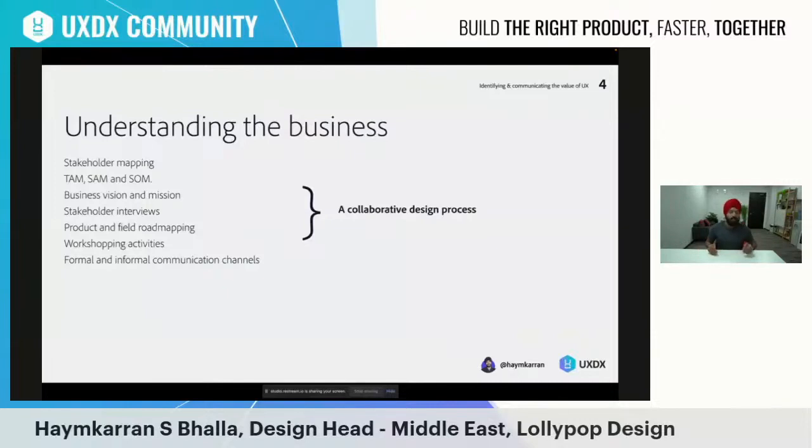But the crux is you need to build a collaborative design process. Unless you involve the business in every single activity you do, you cannot expect credible outcomes or credible results. You cannot expect the CXO to trust you to invest in the design, in the CX initiative that is expected to be taken.